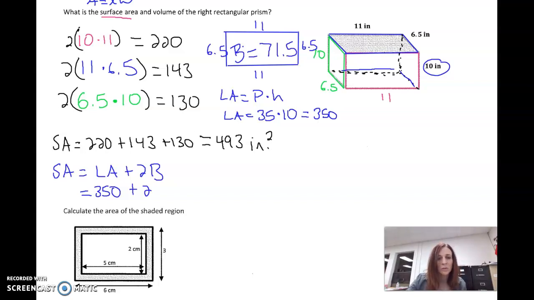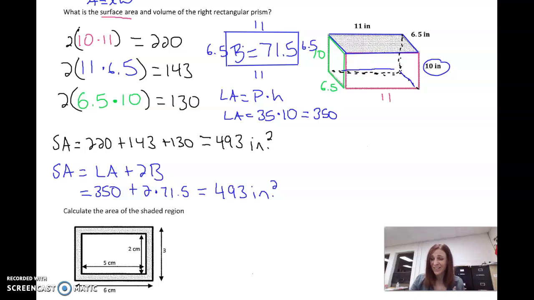So 2 times 71.5. Take my calculator: 350 plus 2 times 71.5, and guess what I get? 493 square inches.